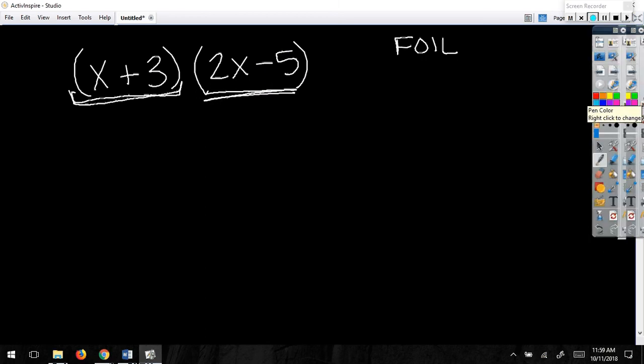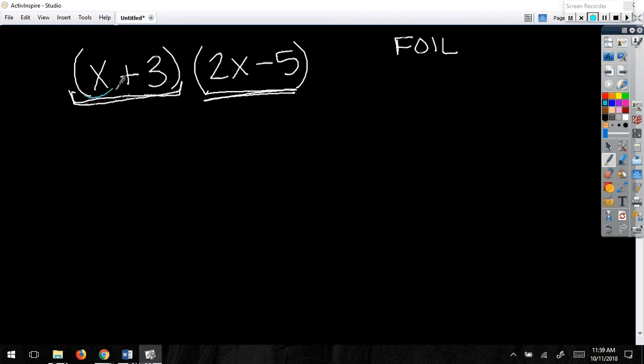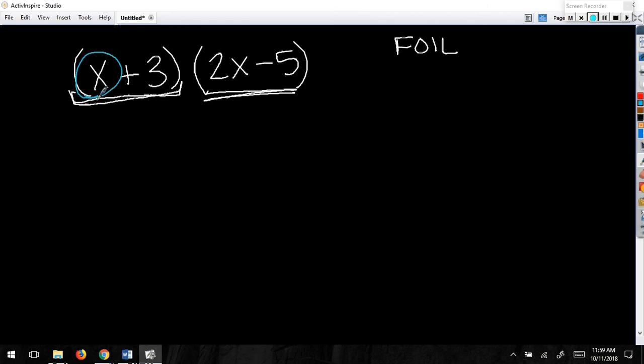So I'm going to start with the first term, and I'm going to multiply it through. So x times 2x is 2x squared. Remember these imaginary ones right here. And then x times negative 5 would be negative 5x.